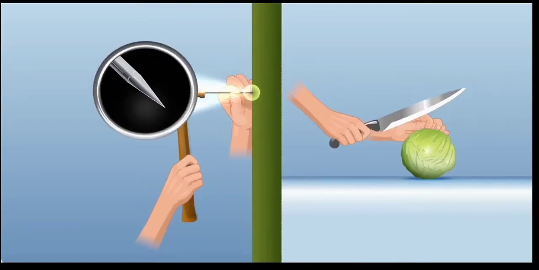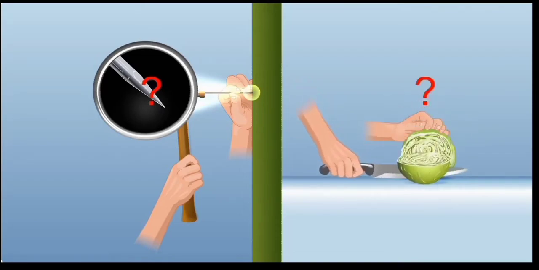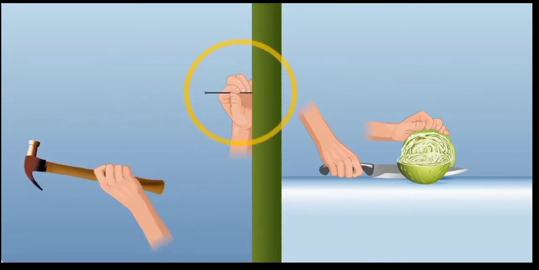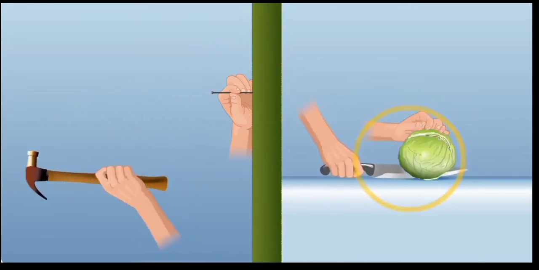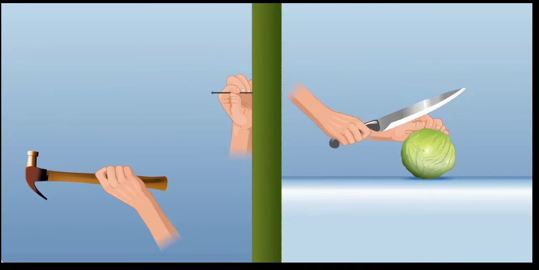Nails have pointed tips to help us drive them into surfaces. Why is it important for a nail to have a pointed tip? And why is it important to have a sharp knife to chop vegetables? The effect of the force you apply in driving a nail or chopping vegetables is translated into pressure.